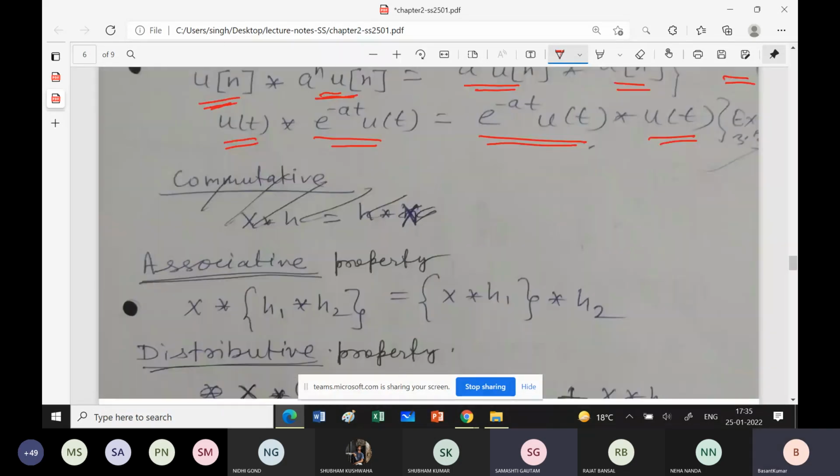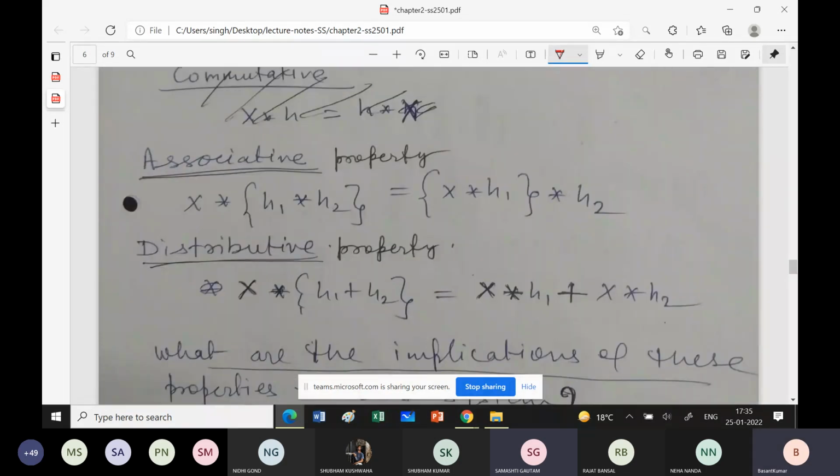Now, you must have seen the associative property too. Nothing to say. X convolved with the output of H1 convolved with H2. So this is equal to the convolution of X with H1 and the convolution of the whole with H2. This also must have some meaning, we'll just try to see.